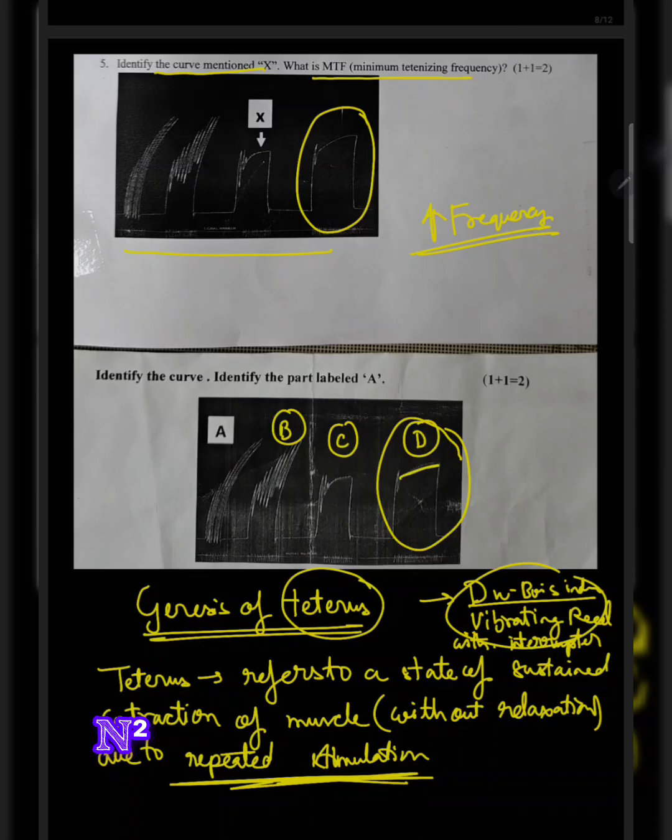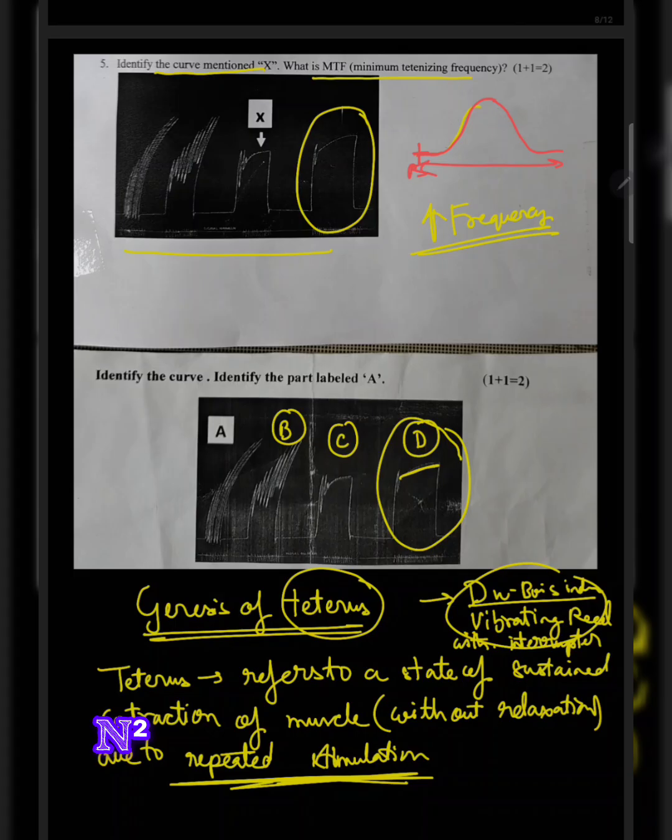And this curve is showing you the simple muscle curve only, that we learned in the last few questions: if you give a stimulation, from the point of stimulation we get a latent period, then contraction and relaxation period. That was happening with one single shock.